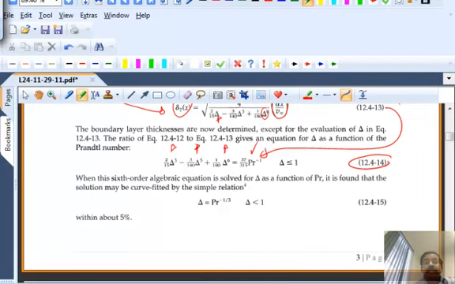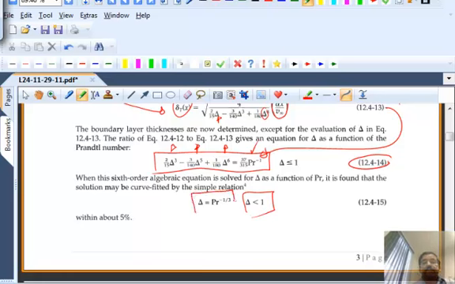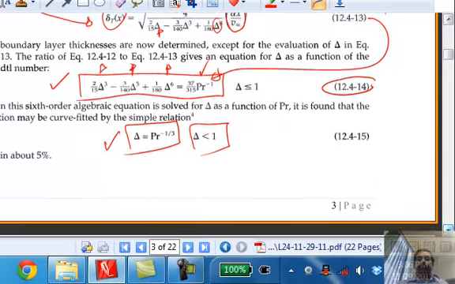Now it turns out that the solution to this for small values of delta is approximated by this expression. Delta is the same as Prandtl number to the power minus 1/3. If you plot this curve and if you plot this curve, they will lie on each other. So it's a good approximation to the expression that you have in equation 14.